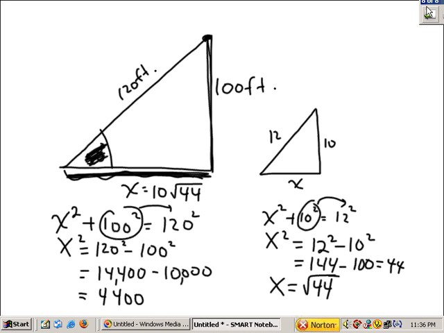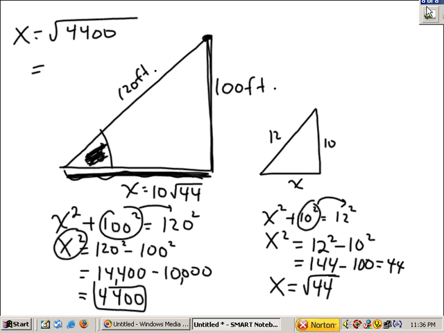So if x squared is that, well then x must be the square root of 4,400. But 4,400 is 100 times 44. So you can take the square root of 100 and the square root of 44 and multiply them together. The square root of 100 is 10, and the square root of 44 I don't know. So we got the same answers.